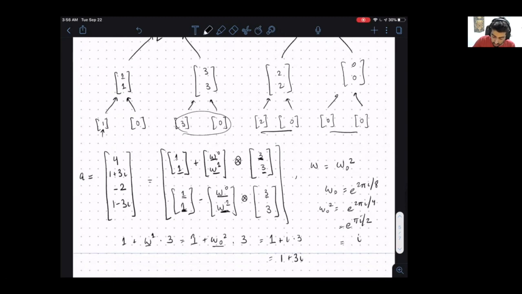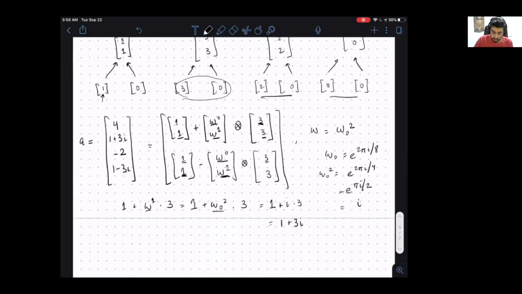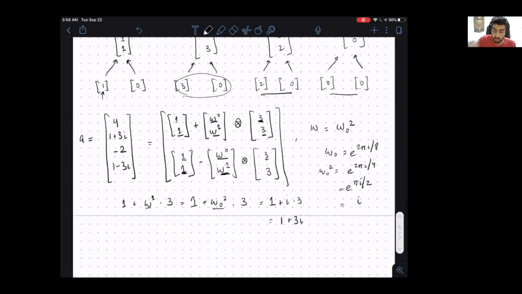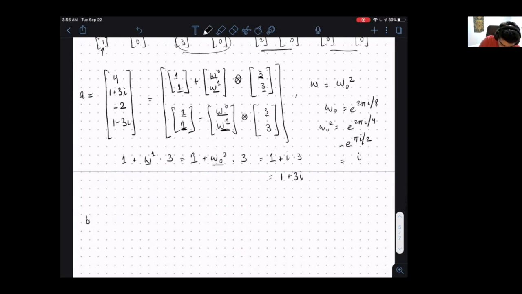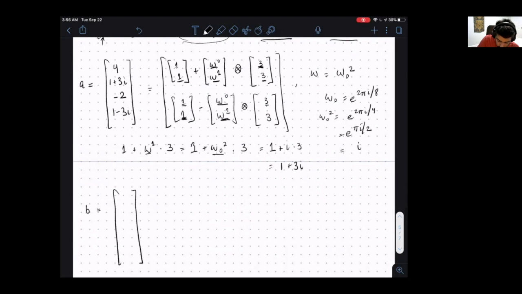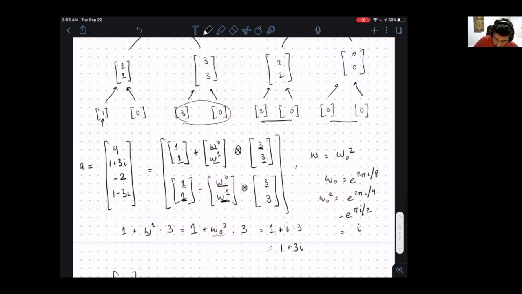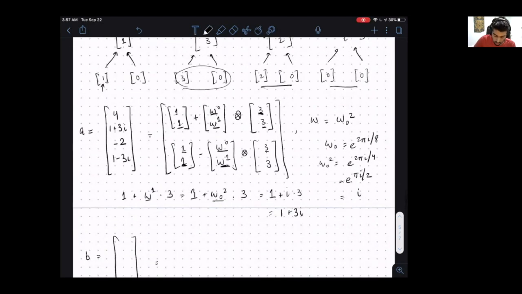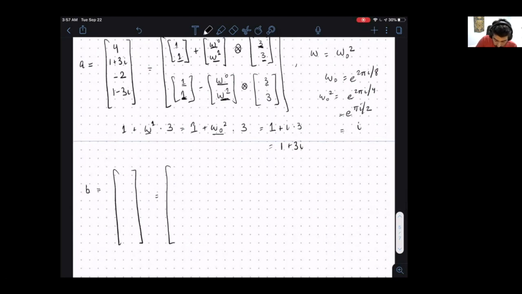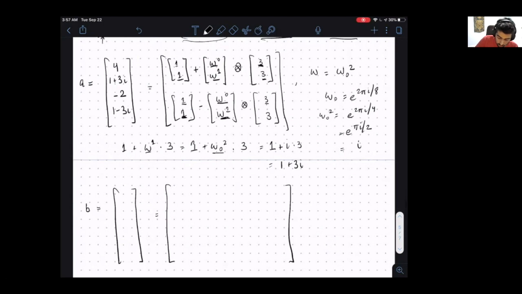And B is going to look fairly similar, or it's going to be very similar in terms of the logic that we use. So for B, again, it's going to be a 4-element vector. And it's a little bit hard to see here, but the left subproblem is 2, 2, the right subproblem is 0, 0. So this expression for computing the elements of B is going to look fairly similar.